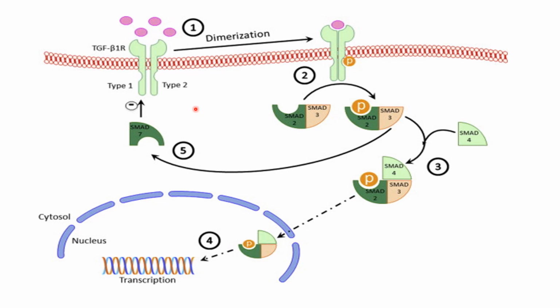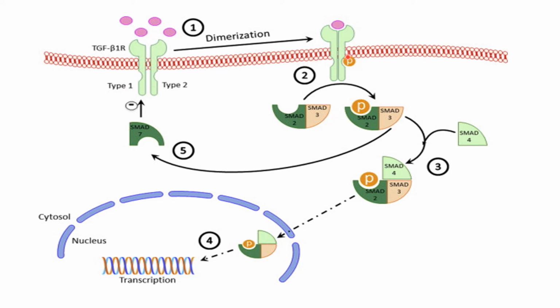Here the TGF beta in this pink color acts as a ligand and it attaches first with the type 2 receptor. The type 2 receptor, after phosphorylation, also dimerizes with the type 1 receptor.